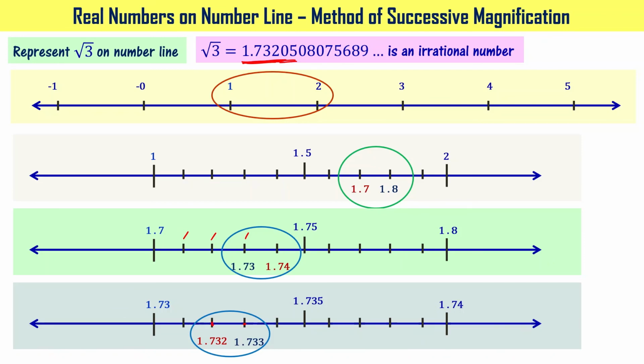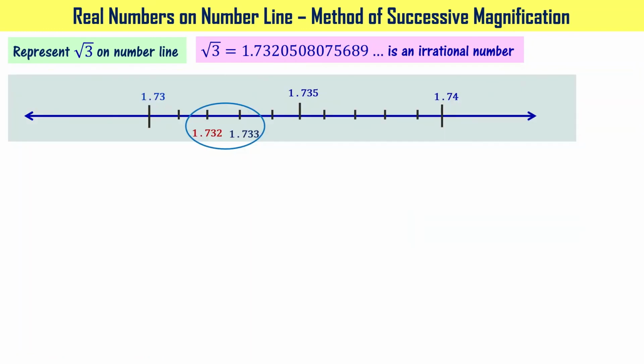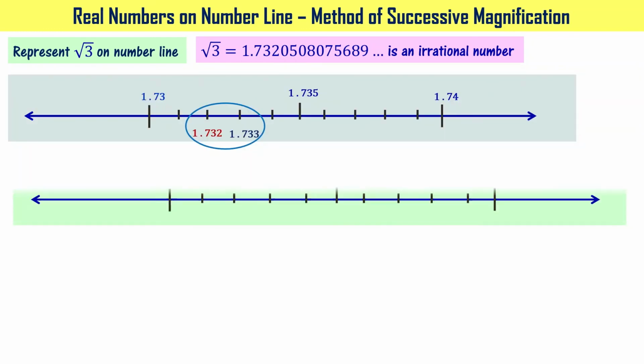So let's zoom this particular region of the number line. When you do that, you get a number line like this, 1.732 it is starting from, and it is up to 1.733, right? Now you have, look at this, 1.73205.